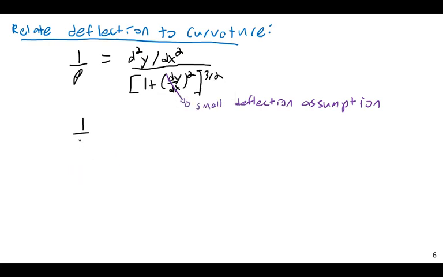This is a very common assumption in structural analysis, the small angle assumption, the small deformation assumption, and really this is a perfectly valid assumption. When we say a small deformation, what we really mean is in relation to the length of the beam. If our beam is 10 feet long or 20 feet long, our deflection is usually only a fraction of an inch, or at most an inch or two.